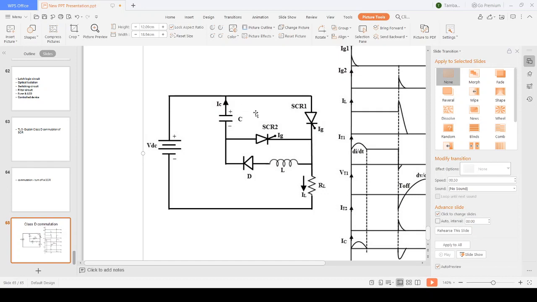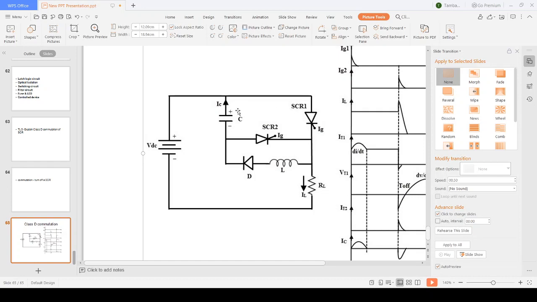When the voltage on the capacitor reverses its polarity completely, the discharge current IC goes to 0 at the next instant. Consider it as the t1 instant. Now the negative voltage on the capacitor is held constant, the diode D is reverse biased, and SCR1 will continue to conduct the current.